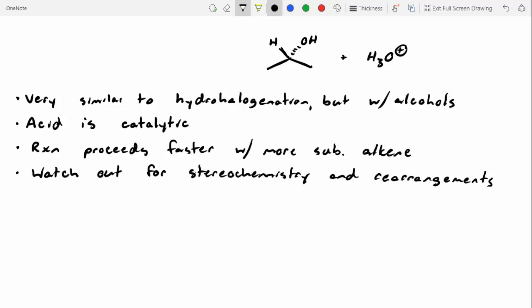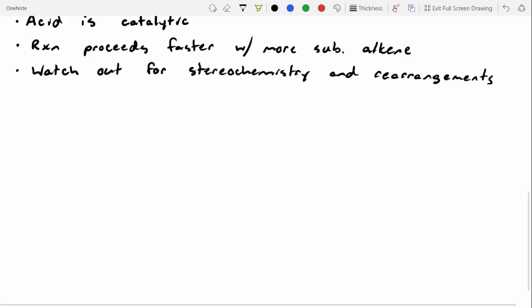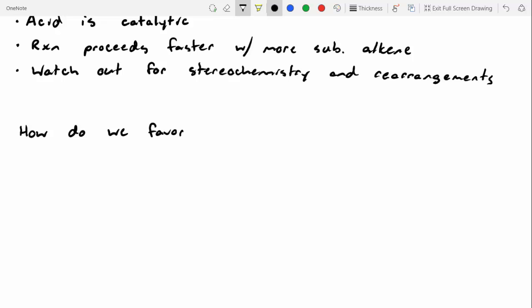All right, so now the question is, why would we observe the reaction where the alcohol is adding in rather than the reverse reaction where elimination occurs? And there's a couple ways we can control this. So how do we favor addition versus elimination?